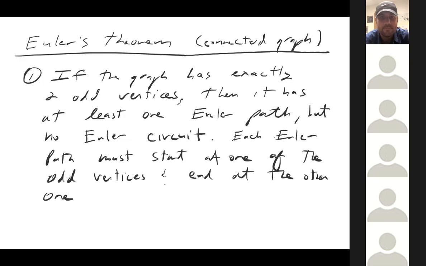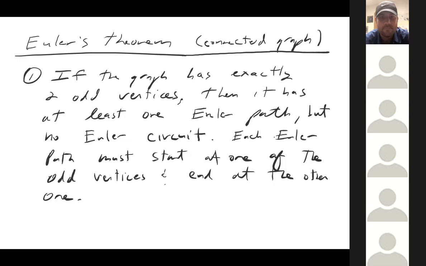Okay? So we'll do some examples of that in a minute, but if it has exactly two odd vertices, we know it's going to have an Euler path. It's going to have no Euler circuit, and the way we'd find the Euler path is we'd start at one of the odd vertices and we try to end at the other one. That's how we would think about it.